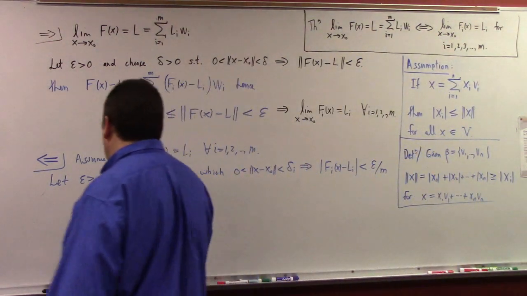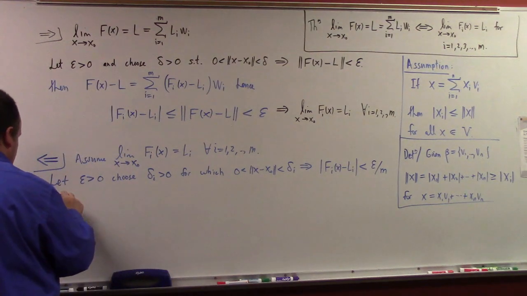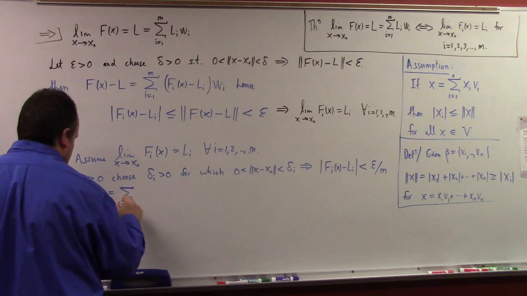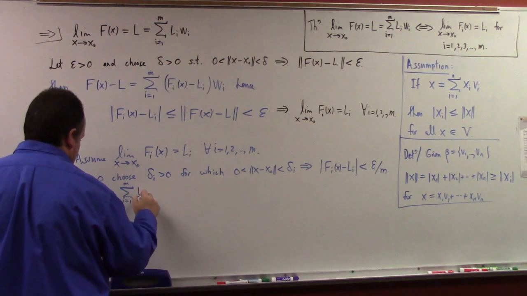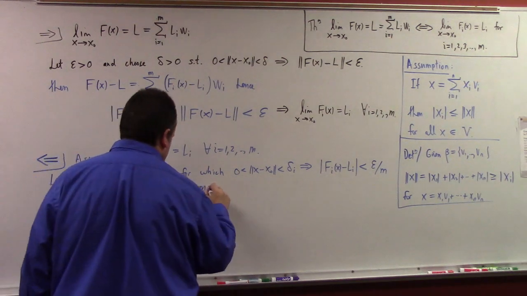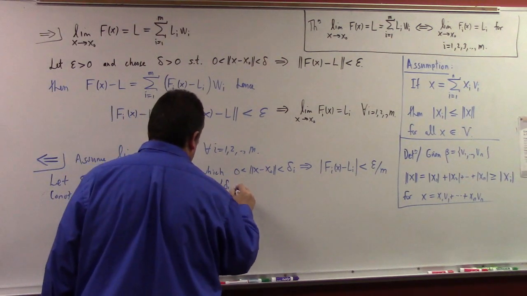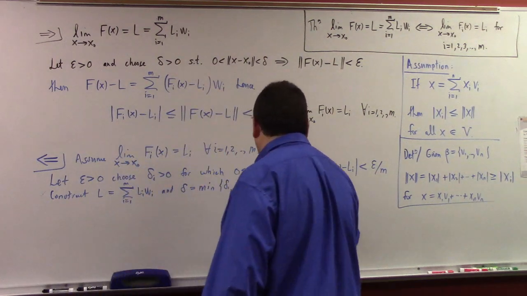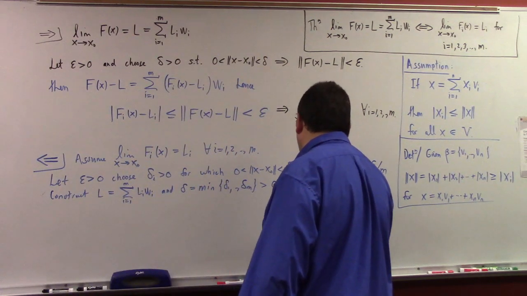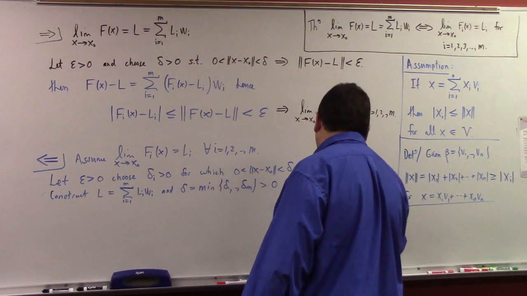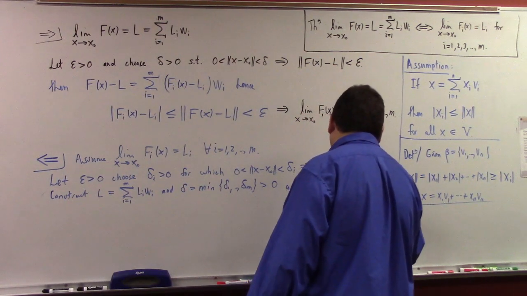So then we construct L as equal to the sum i equals 1 to m of L sub i, W sub i, and delta equal to the minimum of delta 1 through delta m, right? And suppose that 0 is less than norm of x minus x naught is less than delta.